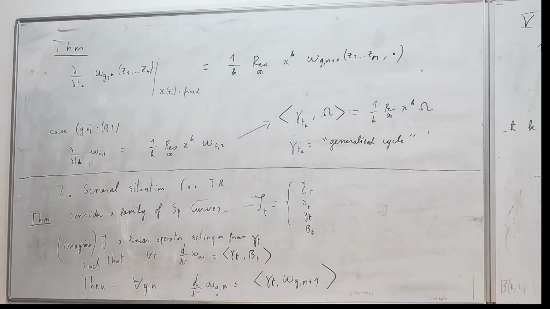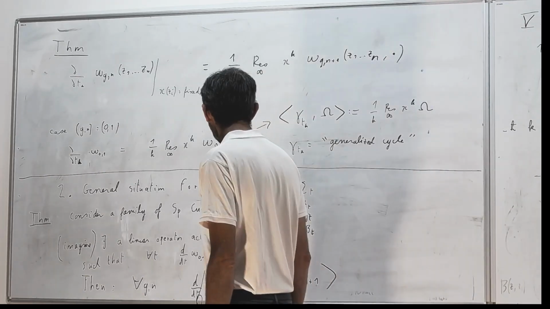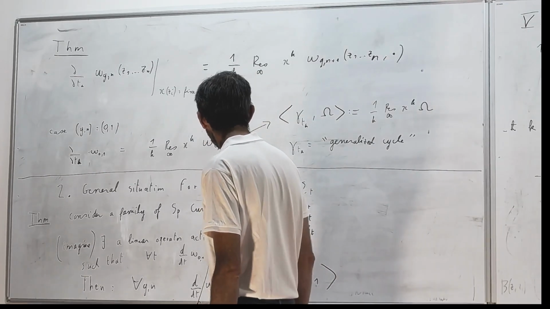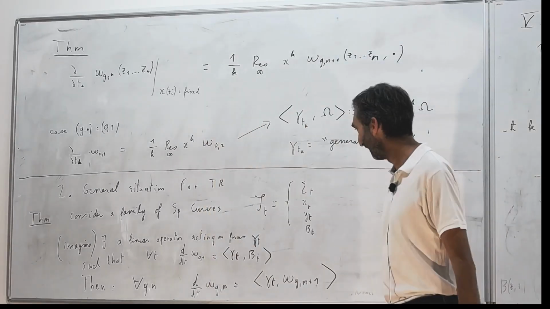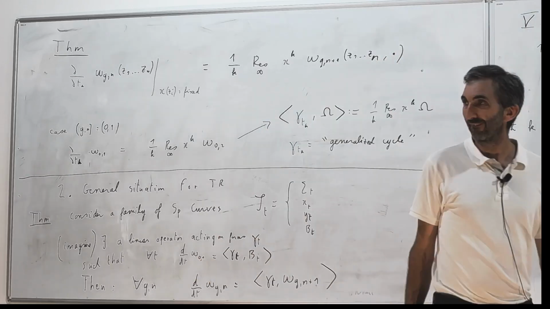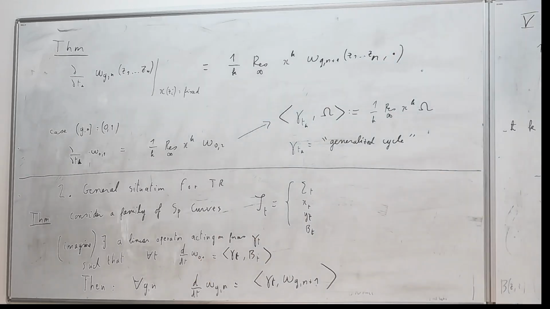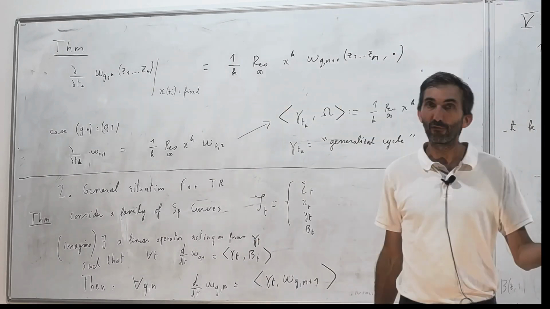Well, in fact, there are a few details to say. I'm skipping a few details, but somehow gamma t should have its support away from the ramification points. I will not have time to do it in these lectures, but this space of generalized cycles is equipped with a symplectic form that you can call intersection.